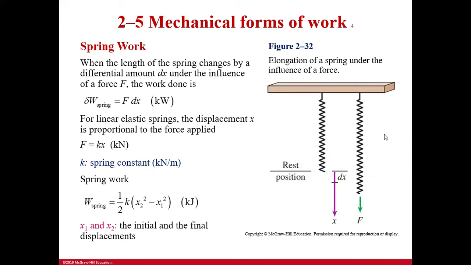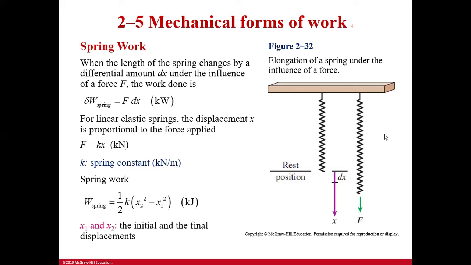Spring work: similarly, delta W spring is the change in work of the spring. Notice it is written as delta W because it's a path function. It's F times dx, where F is the force acting and dx is the change in position. For a linear elastic spring, the displacement x is proportional to the force applied, so F itself is kx.